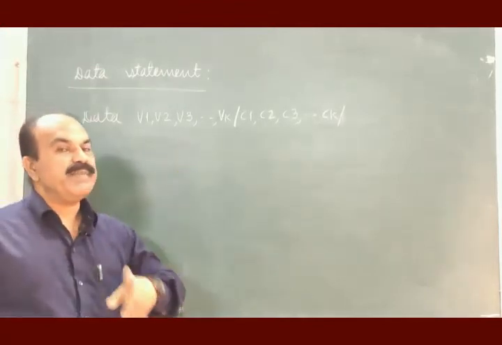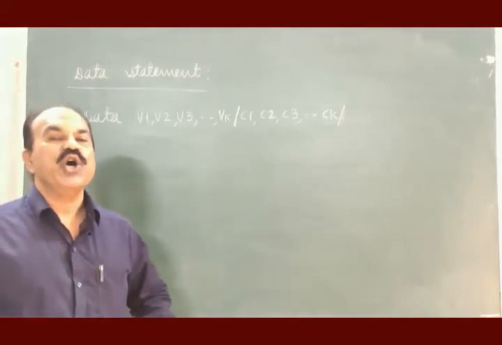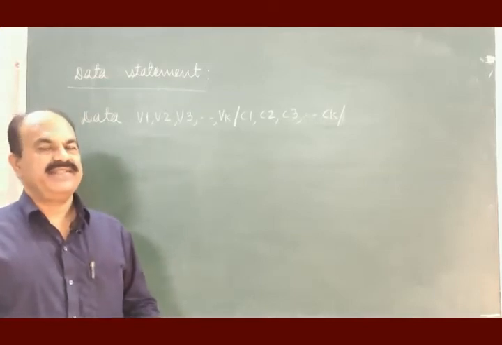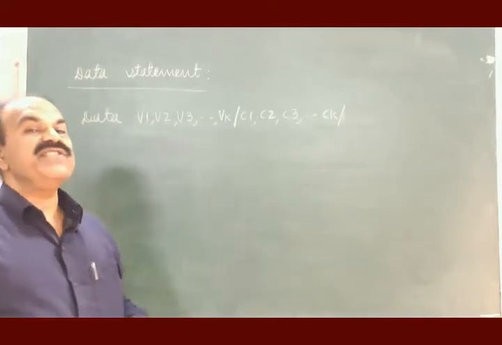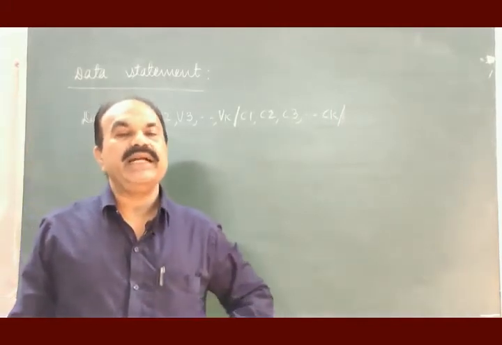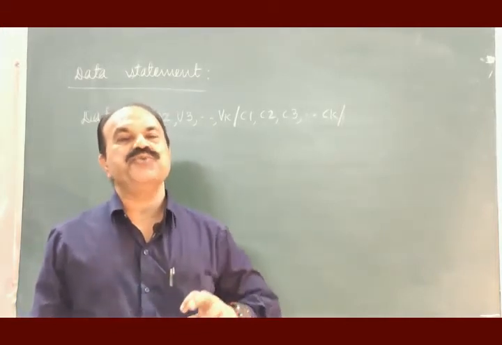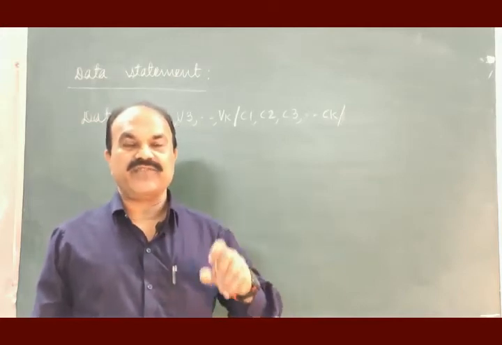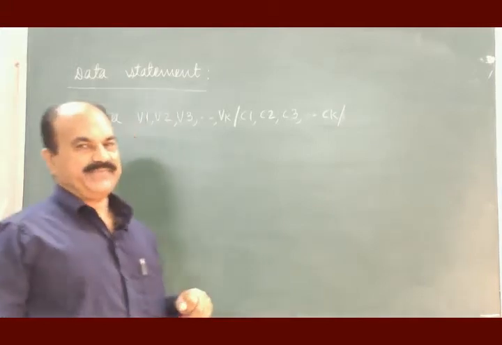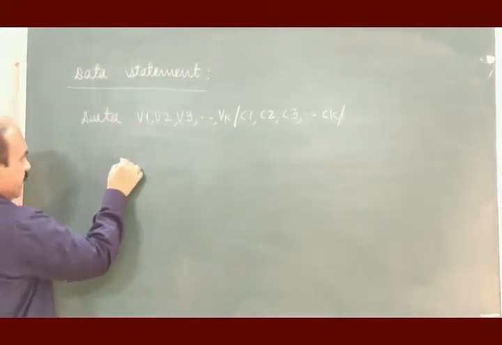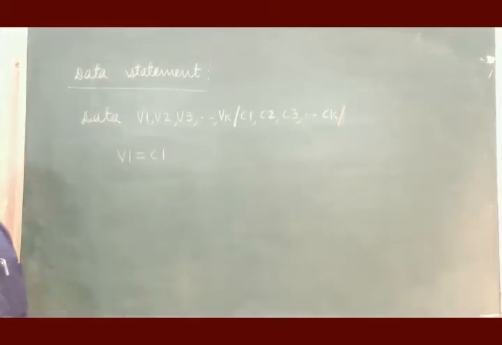This statement is simply read and understood by the compiler. It is non-executable statement. As it is non-executable statement, whenever this statement is encountered by the compiler, it is read by the compiler, understood by the compiler, and after understanding this statement, what the compiler does, it assigns constant c1 to v1.